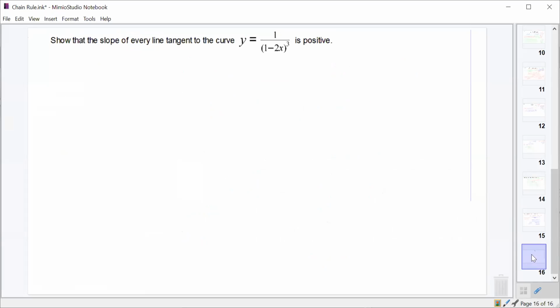All right. Last thing we're going to do with this basic chain rule stuff today, and then we're going to move into another technique for derivatives, is we want to find a reason why the slope for every line tangent to 1 over 1 minus 2x to the third power is positive.